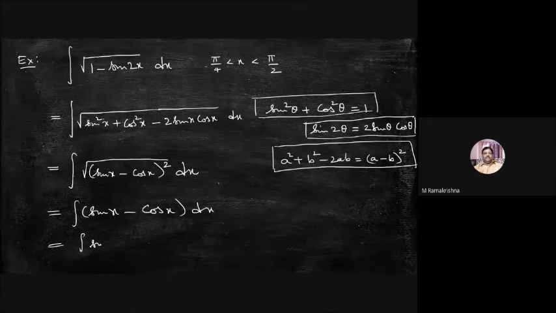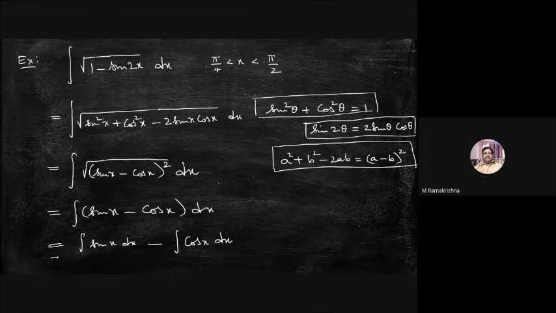Integration of sin x dx minus integration of cos x dx. Now what is the output for this? Integration of sin x is minus cos x, minus integration of cos x is sin x plus c. Hope you have understood this problem.